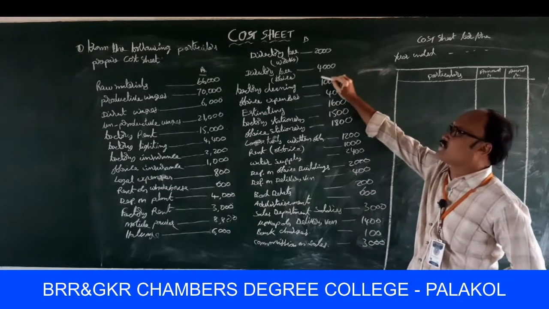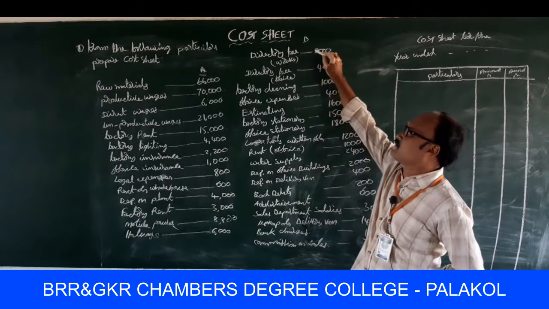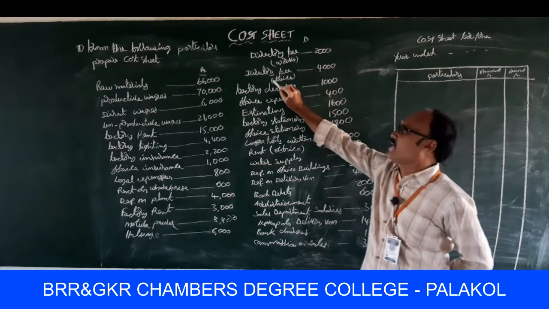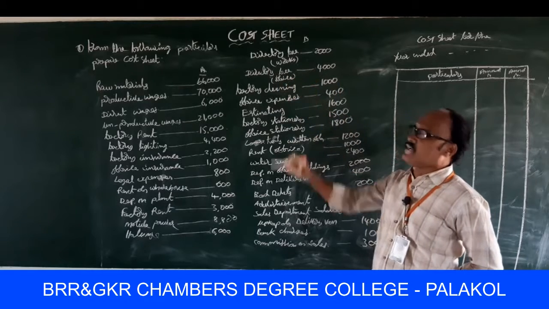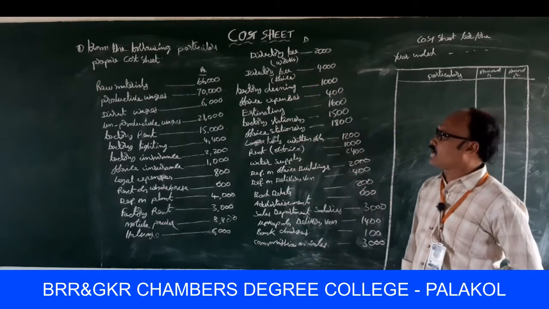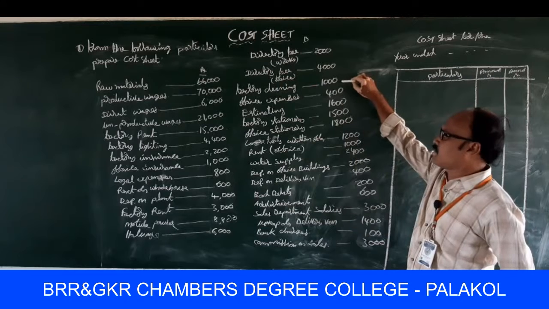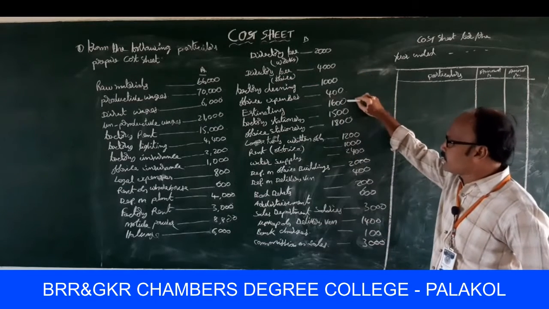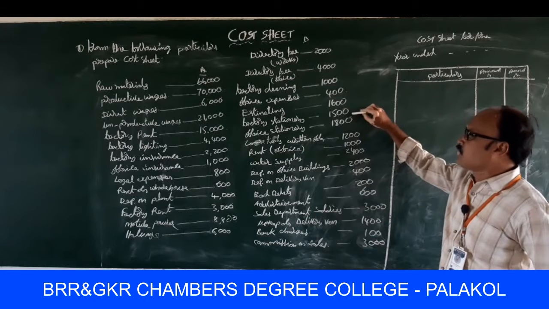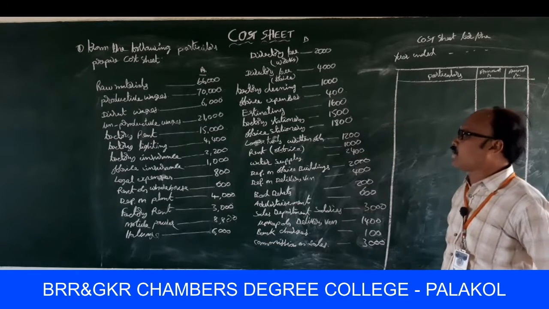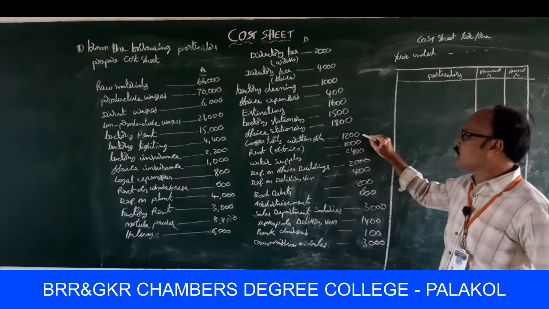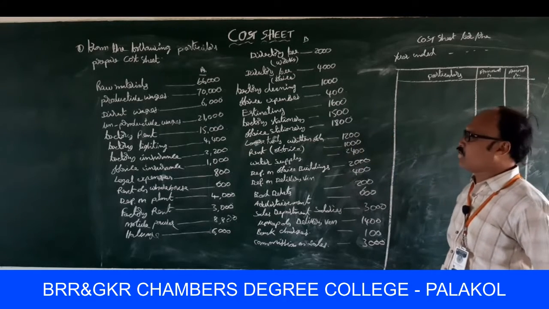Director's fees, works in brackets, that means it is related to factory overheads. Director's fee, office, it is related to office overheads. Factory cleaning, factory overheads. Office expenses, factory overheads. Estimating, factory overheads. Factory stationery, factory overheads. Office stationery, office overheads. Loose tool written off, factory overheads.